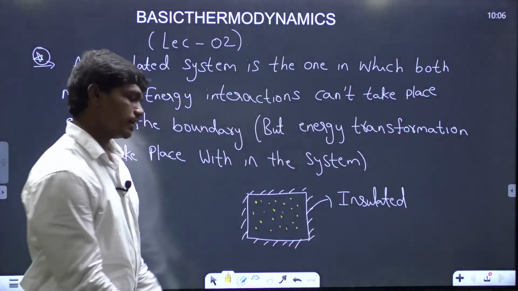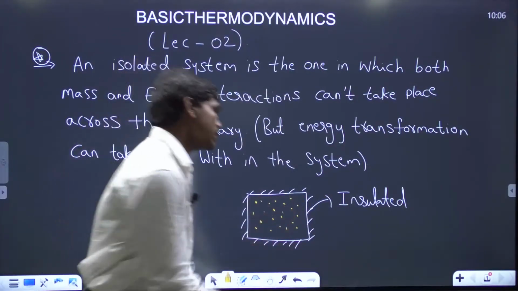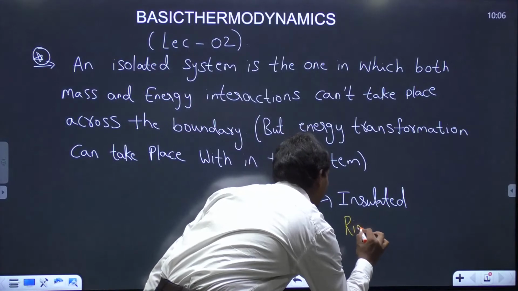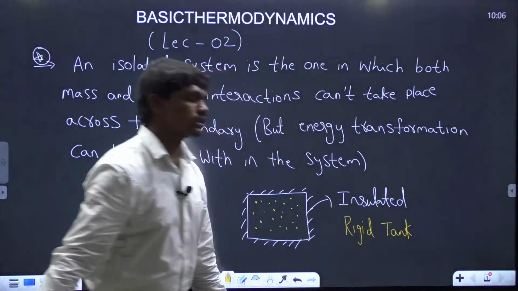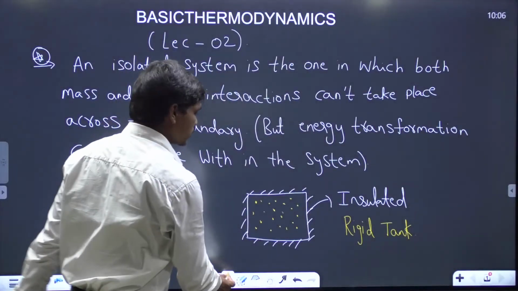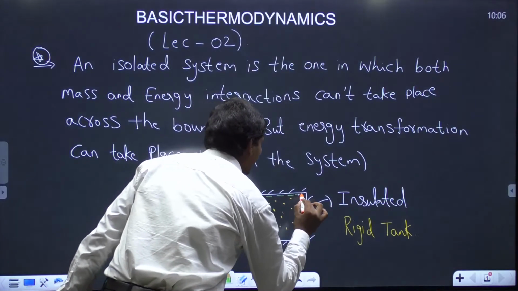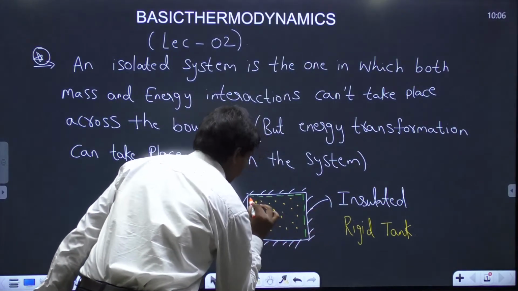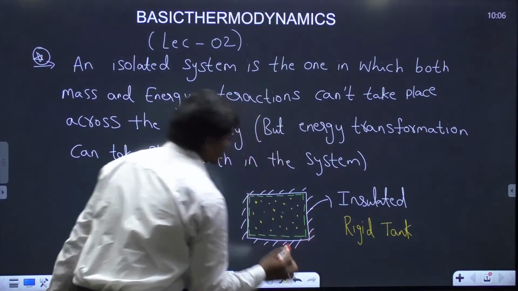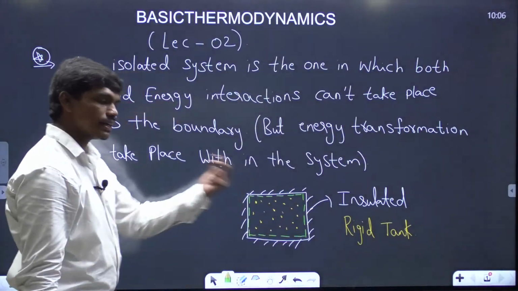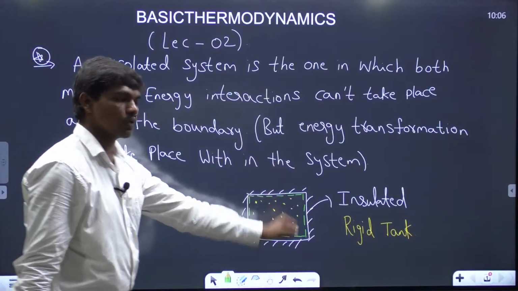It's insulated, having some mass, with no work interaction taking place, and since it is an insulated rigid tank, even mass can't go in or out of the system. If you draw the boundary of the system, this mass can't cross the boundary, and heat cannot come in because of the insulation, and let us assume there's no work interaction.